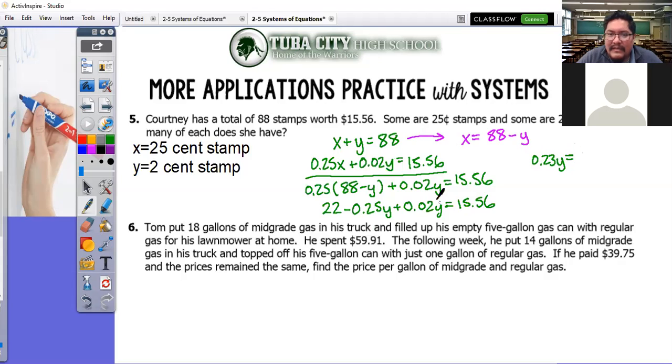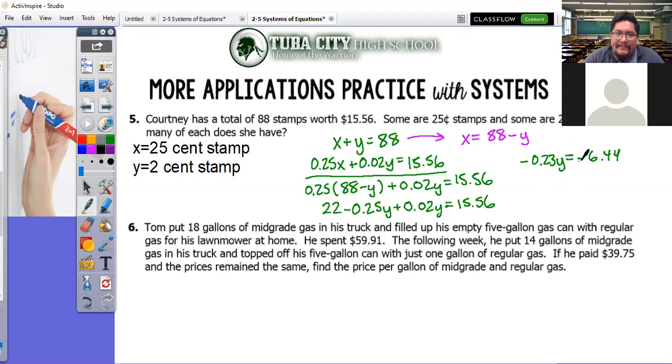Again, 25 cents minus 2 cents, that's 23 cents. So I'm going to write 23 just like that, and this would actually be a negative number. Sometimes that happens where your negative just so happens to be bigger. I'm also going to have to minus 22 from both sides, and this is going to give me negative 644.